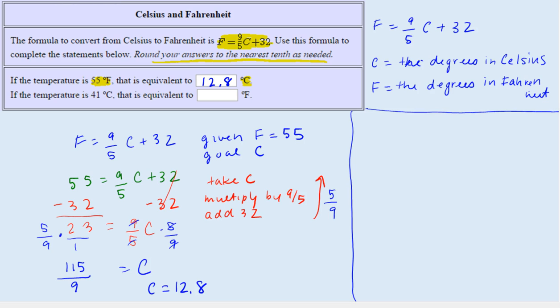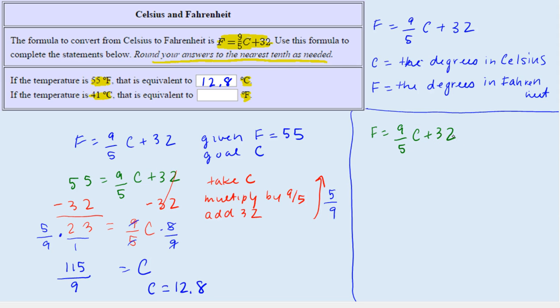Here we're given a temperature measured in Celsius, and we want to find the corresponding Fahrenheit value. So we're still going to begin with our equation. F equals 9/5 C plus 32.